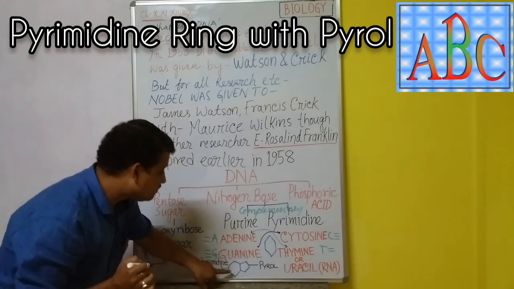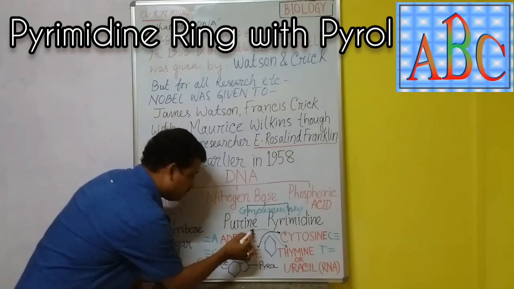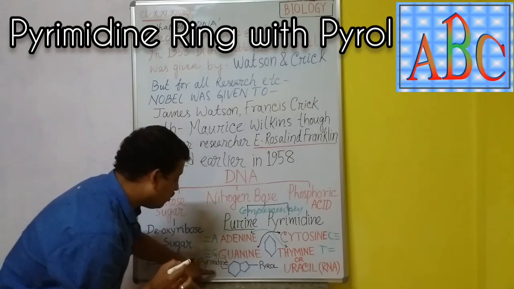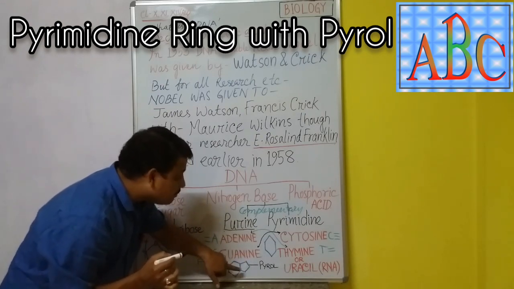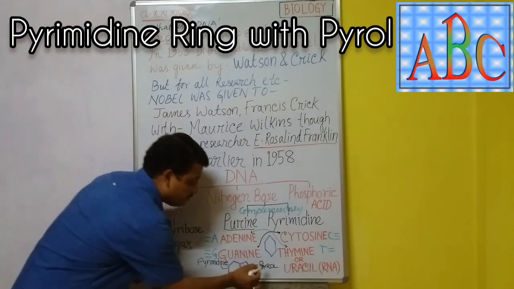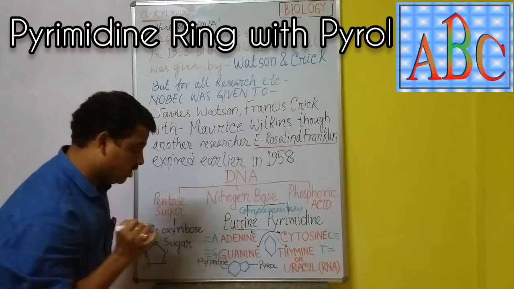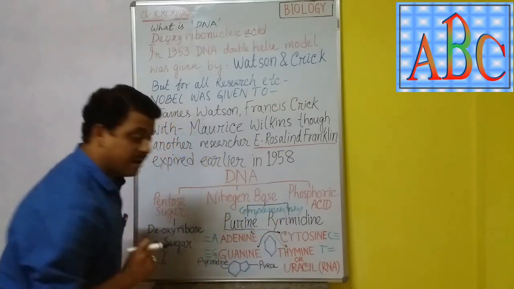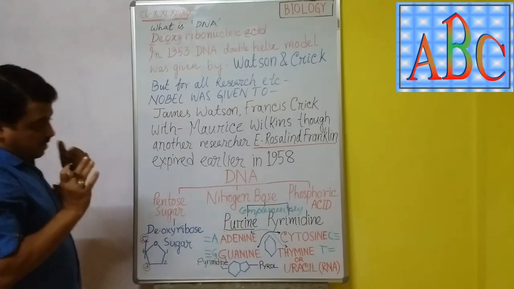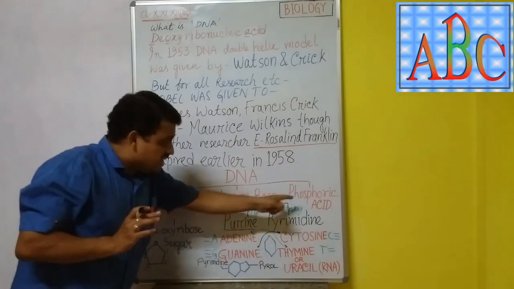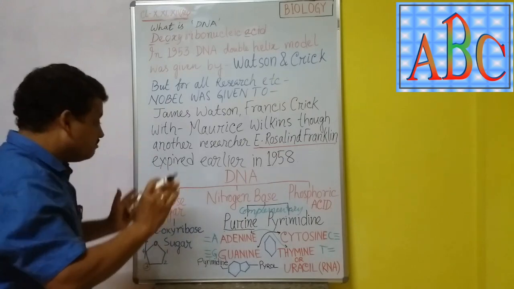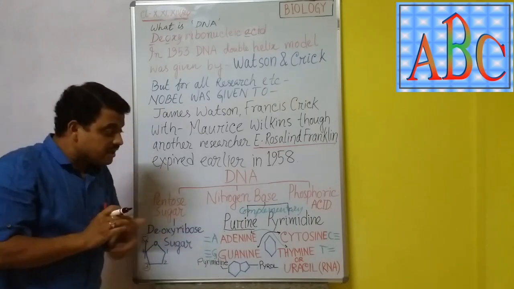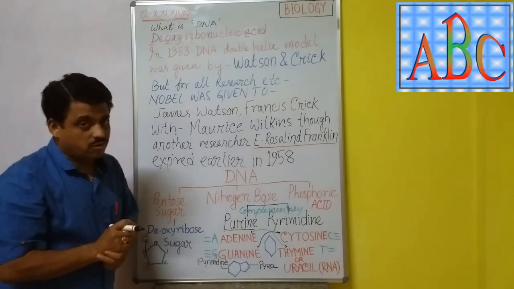In purine, we can see another five-membered ring, called the pyrrole ring, which is lacking in pyrimidines. Another thing is phosphoric acid or phosphate, which links them in a particular sequence. We'll see the sequence now.